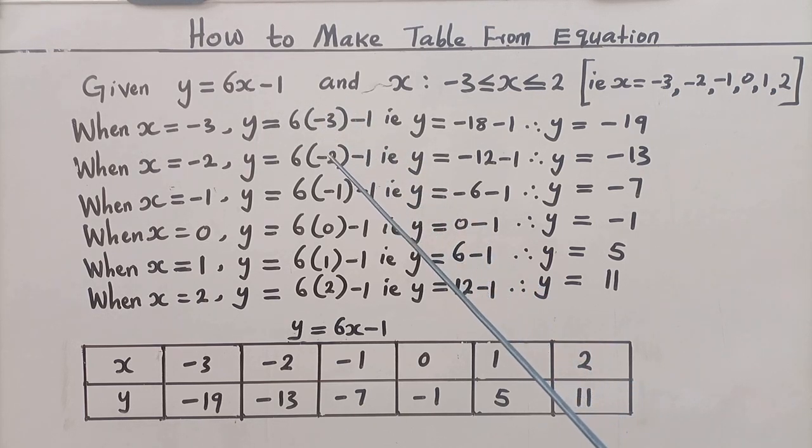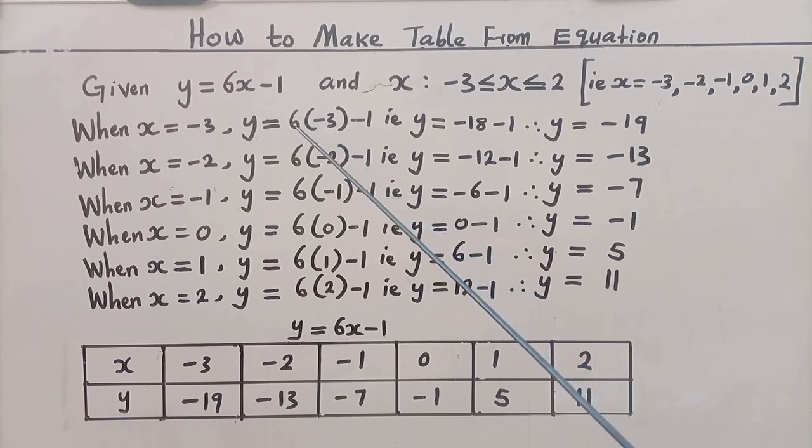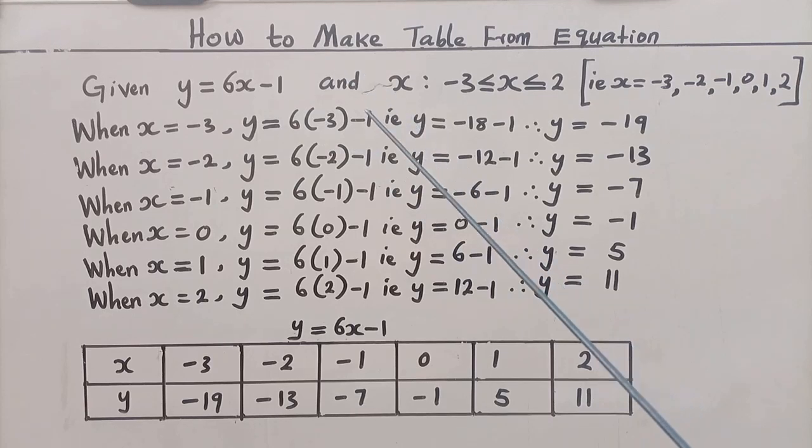It is to help us remember that 6x is a multiplication. If I simply write 6 minus 3 without a bracket, it turns to subtracting 3 from 6, which is equal to 3. But with this bracket, we know that what we are doing here is multiplying 6 by minus 3, or multiplying minus 3 by 6.